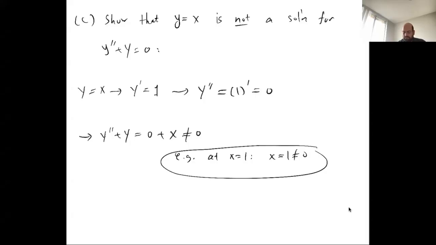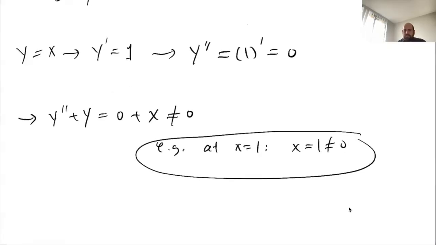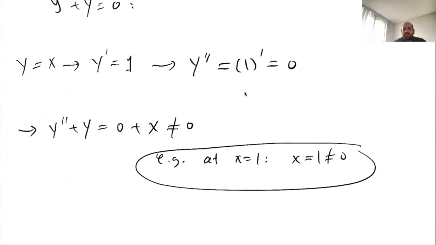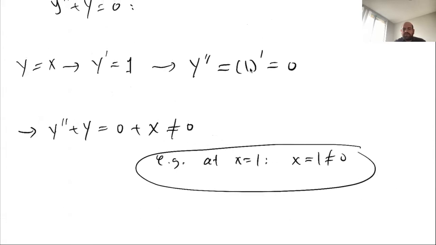Okay, it seems the screen is frozen. Let me stop share. So y double prime is the derivative of y prime, which is 0.